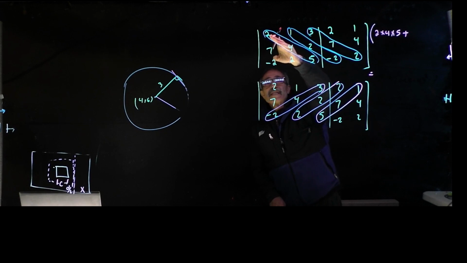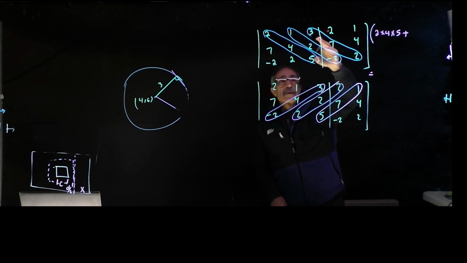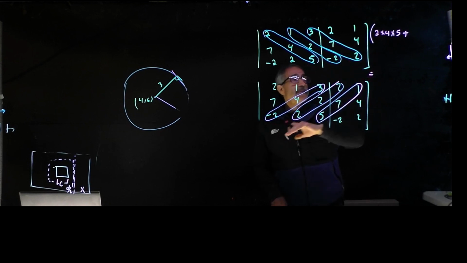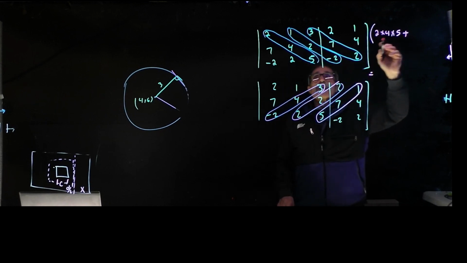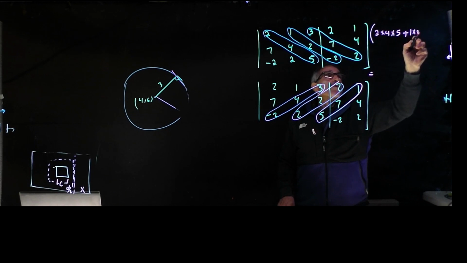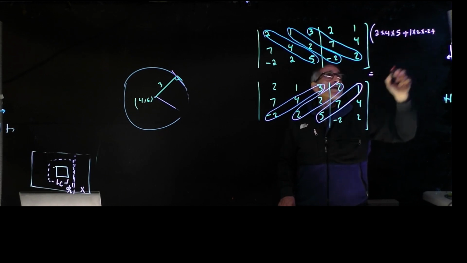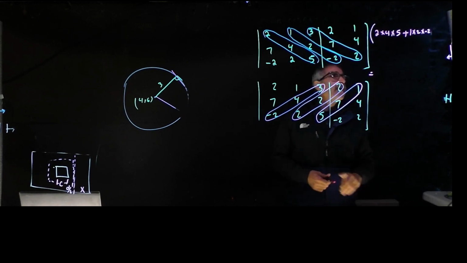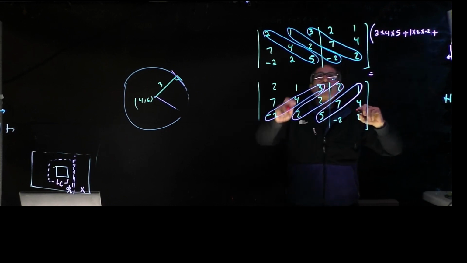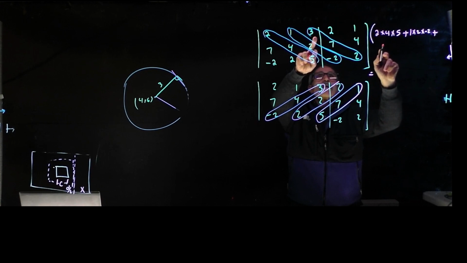So these 3 numbers multiplied plus these 3 numbers multiplied plus this one here. Then minus all these 3. So it's plus 1 times 2 times negative 2, then plus 3 times 7 times 2.